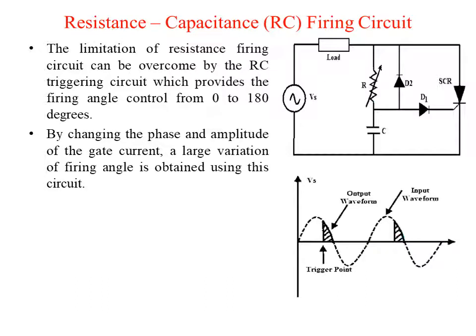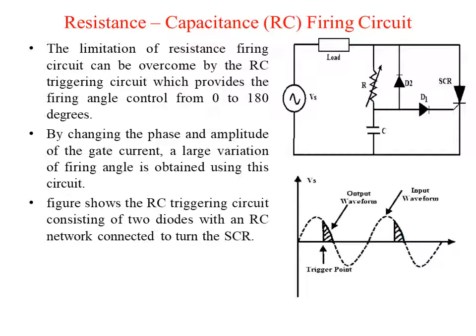By changing the phase and amplitude of gate current, large variation of firing angle is obtained using this circuit. So we can have a control from 0 degree to 180 degrees by changing the phase and amplitude of gate current.